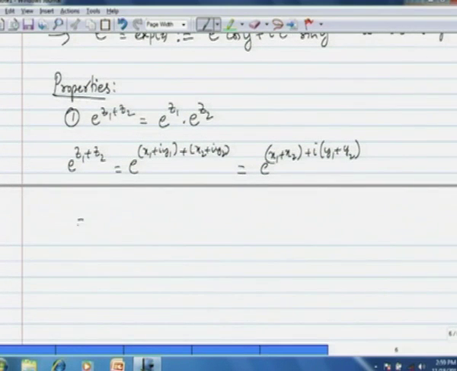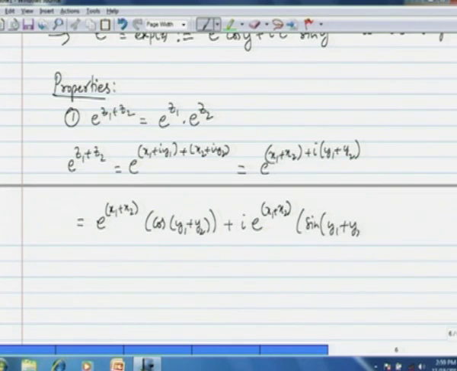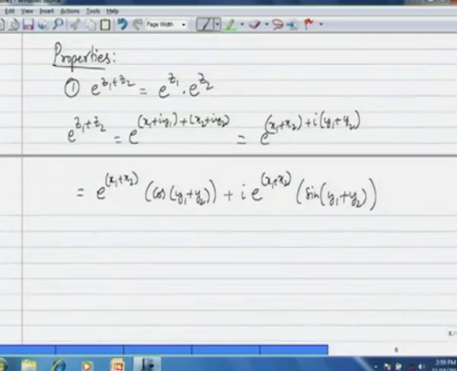And so, by the definition of the exponential function, we get e power x1 plus x2 times cosine of y1 plus y2 plus i times e power x1 plus x2 times sine of y1 plus y2. And one can verify that e power z1 times e power z2 will tally with this.